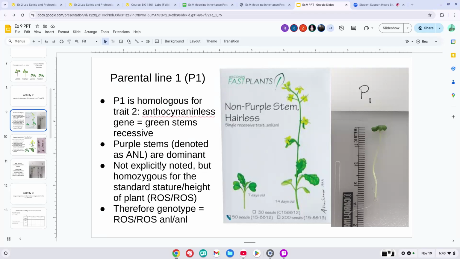Not explicitly noted, but they're homozygous for standard stature or height of the plant, so it's ROS. Your plants would look like this: green stems, a recessive trait, and standard stature. Therefore, the genotype would be ROS and ANL.